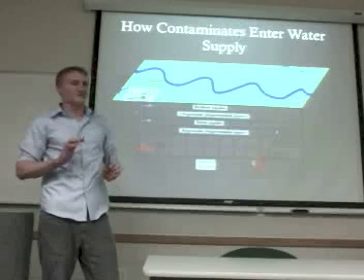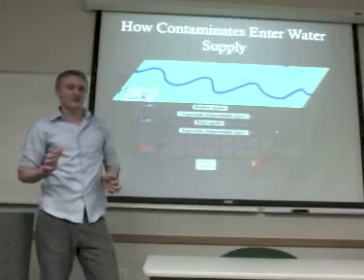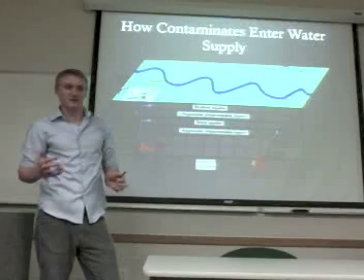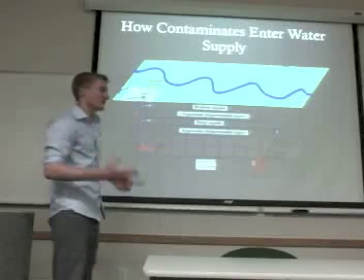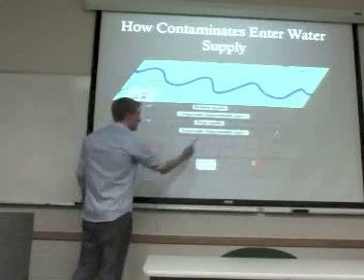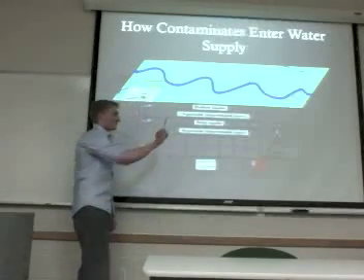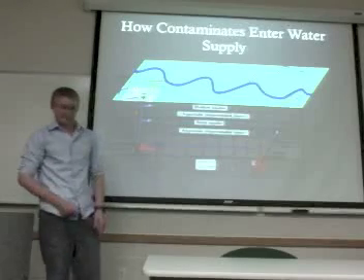Problem with that is, unless these ground layers are granite, they're going to be porous, and there's going to be some diffusion of these toxins into lower aquifers, water tables, etc.